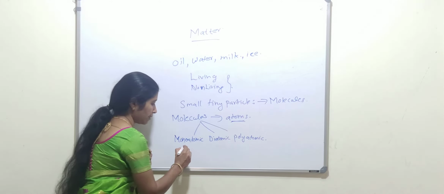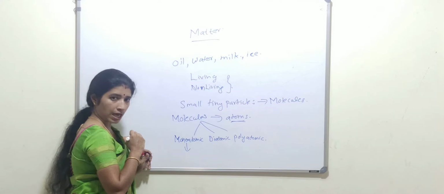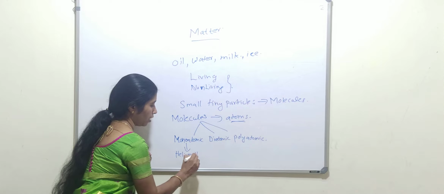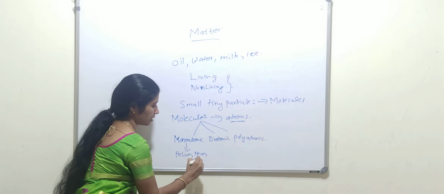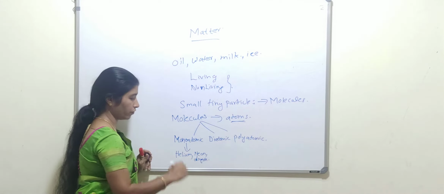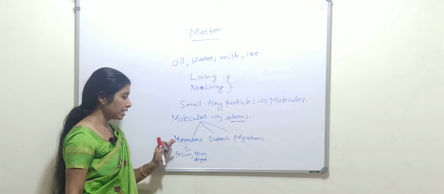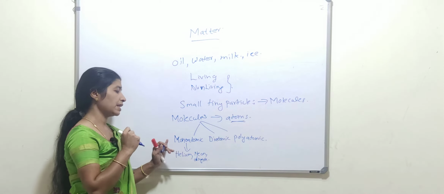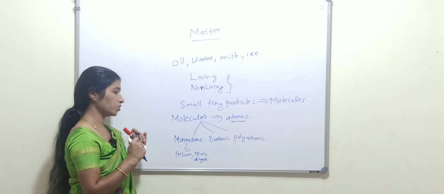Some examples of monoatomic molecules are helium, neon, argon, etc. As the name indicates, they consist of only one single atom. That is why they are called monoatomic molecules.